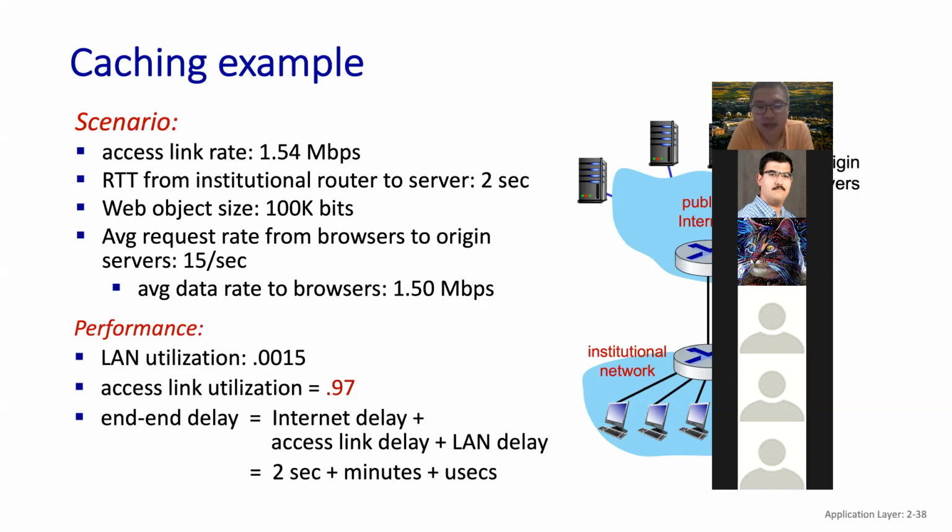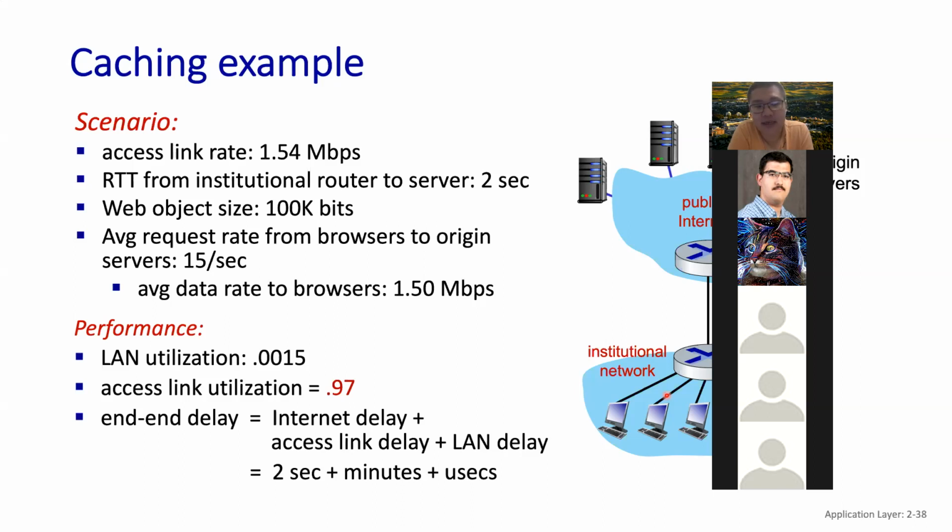But for the LAN utilization, because that's an internal network, we can assume we use a 1 gigabit LAN, like Ethernet, which could be high, while the outside access link could be low. That's our assumption. So you can see the LAN utilization is very low, because we only use 15 megabits divided by 1 gigabit, which is lower than 1%.